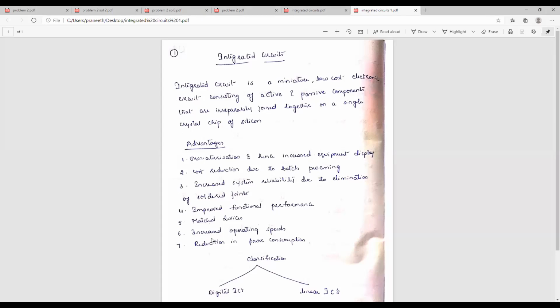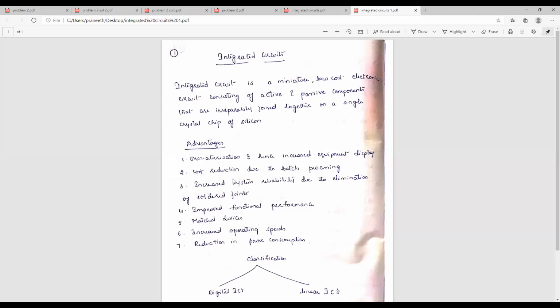So when you don't have such long wires, obviously your power loss will be less and your power consumption is also less. So these are some of the advantages of integrated circuits.